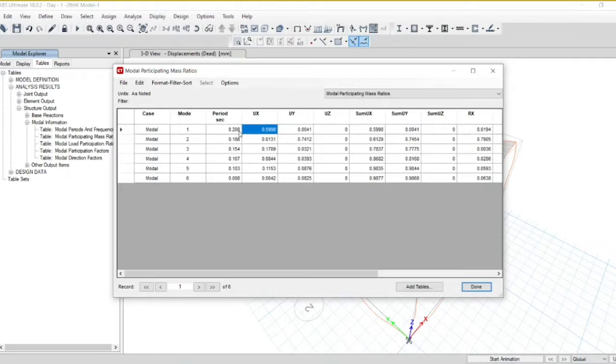Okay, and these are the displacement of mass, which is 0.599, and in y direction it is 0.0041. When it is moving in the first natural mode, this is the case. When it is going in the second natural mode, which is in y direction, this is your total displacement.